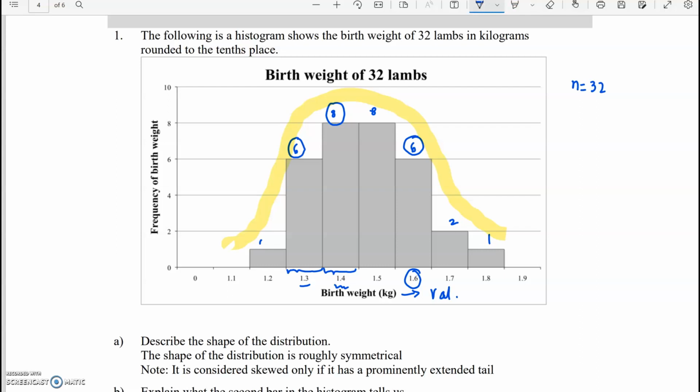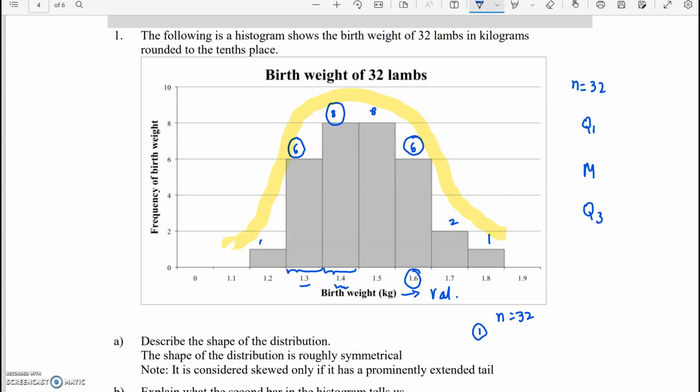Now, we need to figure out the lower quartile, the median, and the upper quartile Q3. So let's look at the sample size n equals 32. Remember that 32 is an even number, so there are 2 middle numbers, and we need to take the average of those 2 numbers to find the median.